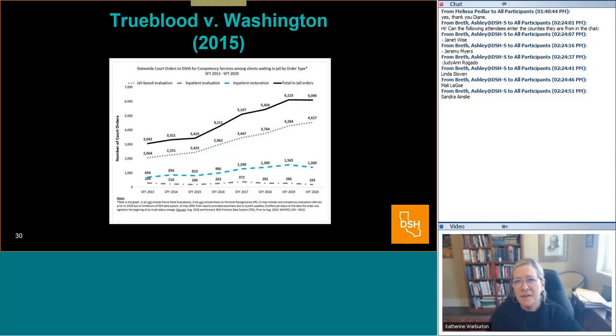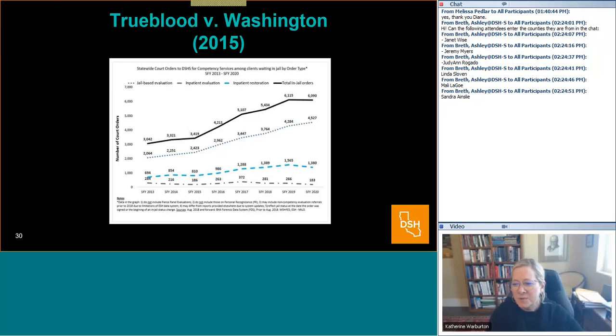And so they were involved in this lawsuit, Trueblood, and in 2015, that federal court decision said you need to get people in within certain timelines. And in Washington State, it was 7 to 14 days. And if you look at this data slide and the black bar across the top, when this decision came down in 2015, the Washington State Hospital System was getting about 3,400 referrals a year for competency services.